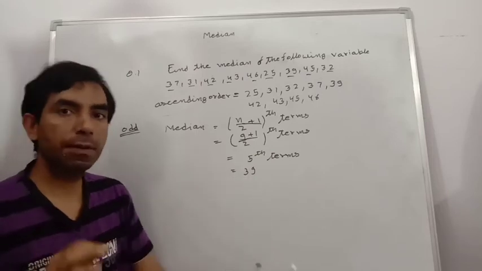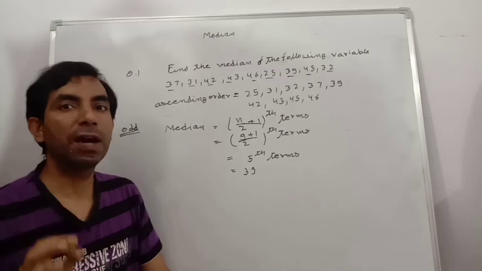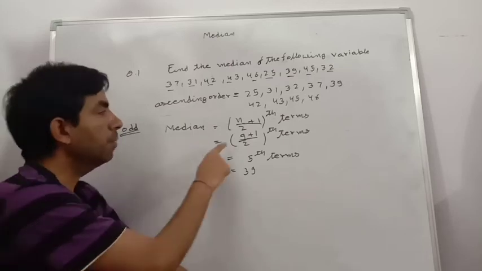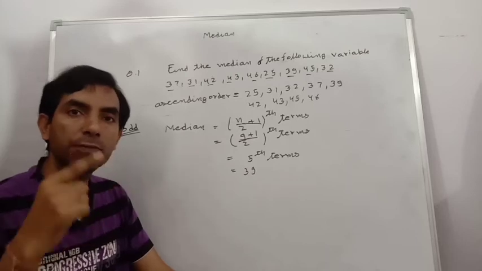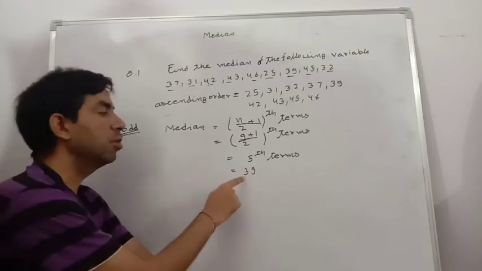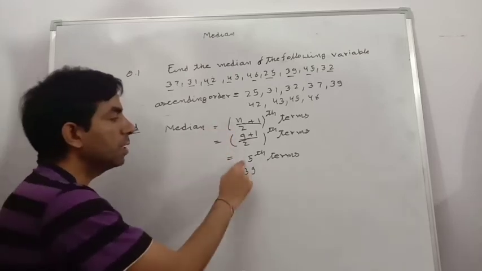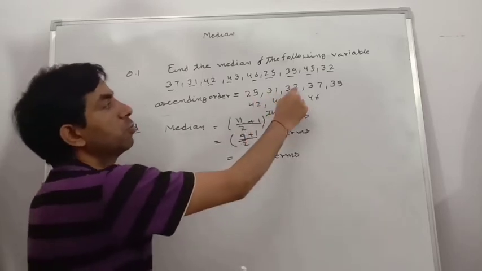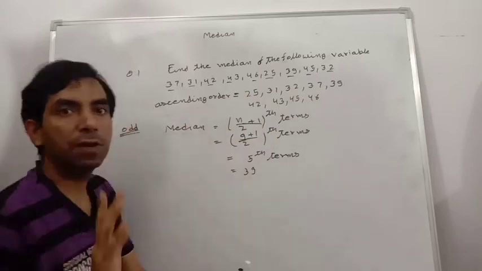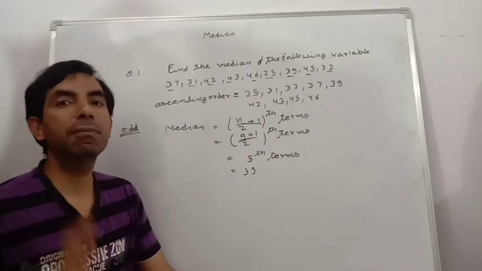So count the number of terms, here the fifth term, counting 1, 2, 3, 4, 5. After counting, we know the median.